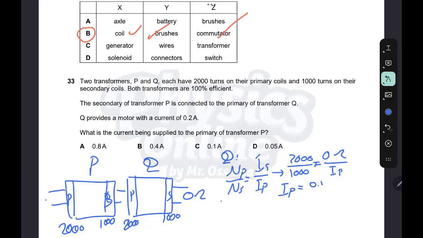For transformer P, the current in its secondary is 0.1 ampere. Then we use the same equation, 2000 over 1000 equals 0.1 over I in the primary. So the current in the primary equals 0.05 ampere.